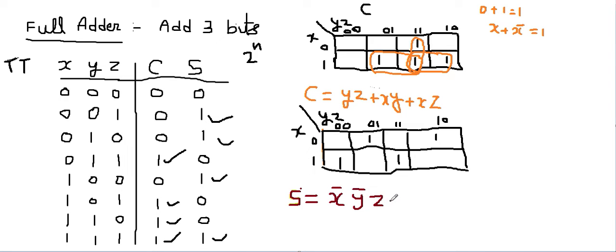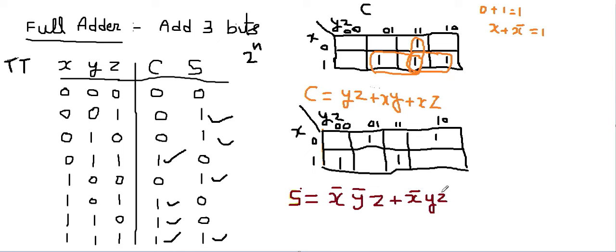Then, because it is a sum of products, we are considering ones only. So for this one, x complement, y, z complement, because x is 0 and z is 0 and y is 1, so x complement, y and z complement.